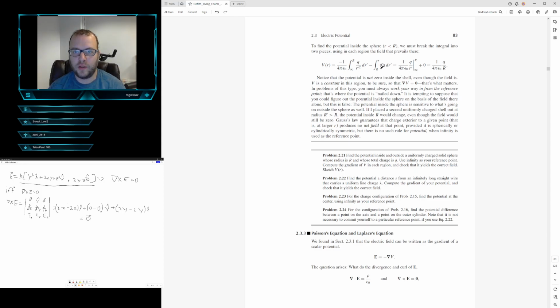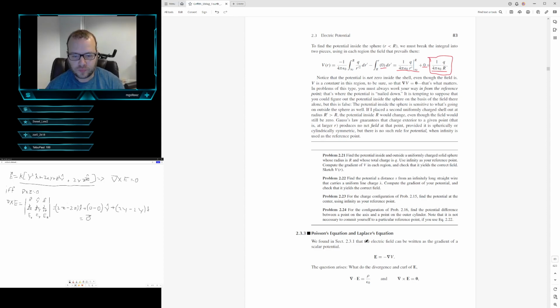So you're enclosing no charge, so your field is 0. But your potential is not. Going from infinity to R, your potential is equal to a constant. Just because you have no field doesn't mean you have no potential. It just means the gradient of your potential is 0. That means the rate of change over the surface needs to be 0.